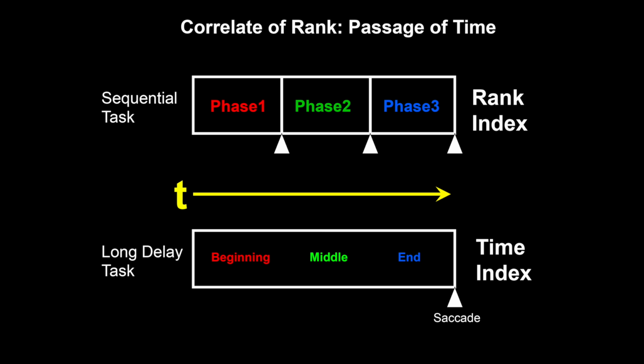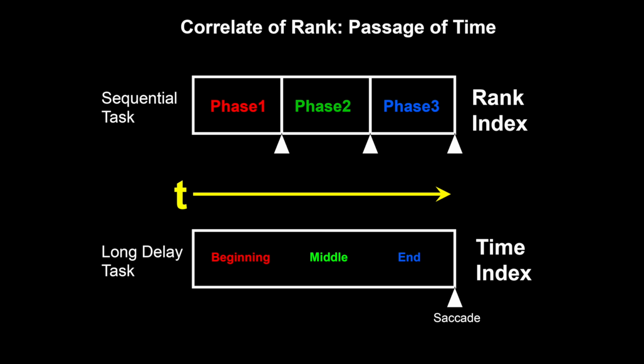To control for this possibility, we designed yet another task, which we called the long delay task, in which all the monkey had to do was just to wait for a period of time matched to the duration of the typical trial in the serial order task. And at the end, the monkey would receive a reward. We can compute the degree of neuronal selectivity for a given rank in the sequential task by computing the rank index.